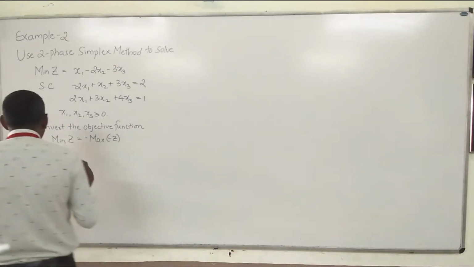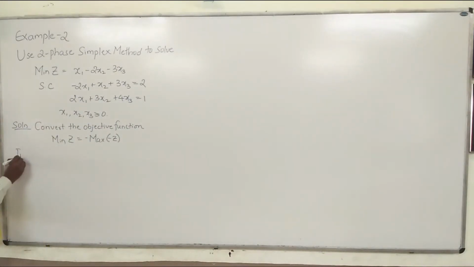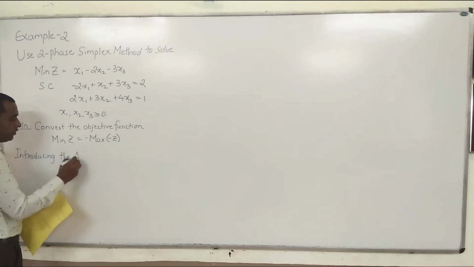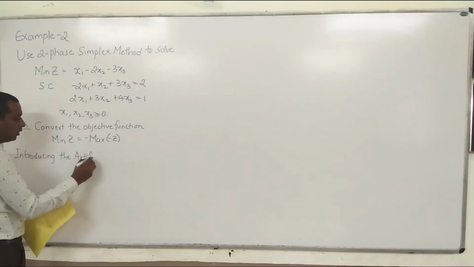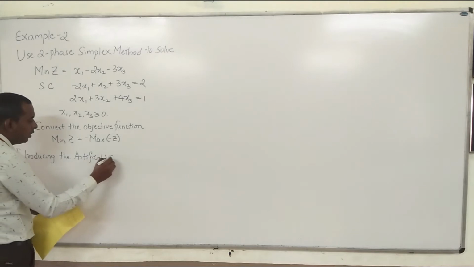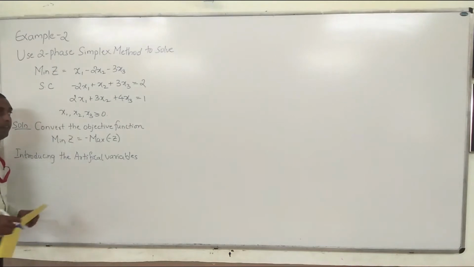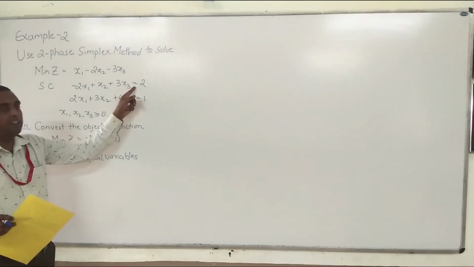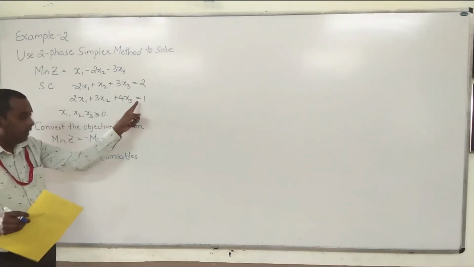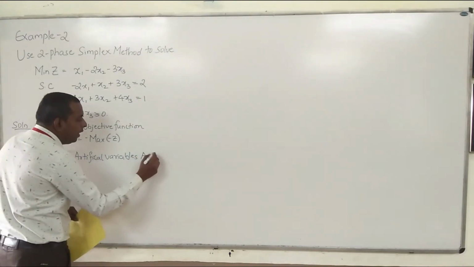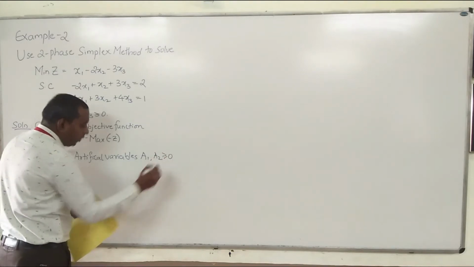Then we need to introduce slack and surplus variables, and introduce the artificial variables. So how many artificial variables do we want? For this constraint a1 and for this constraint a2, with a1, a2 greater than or equal to 0.